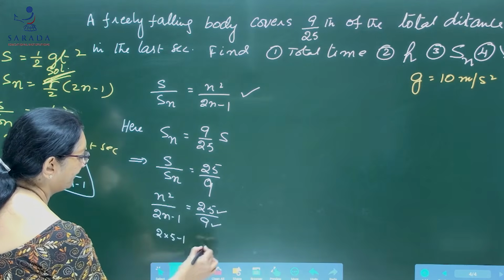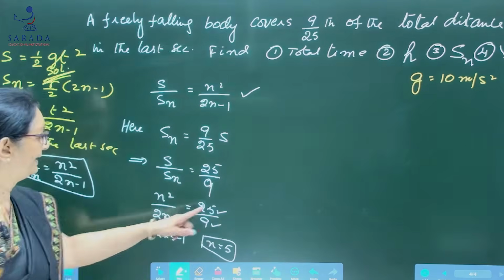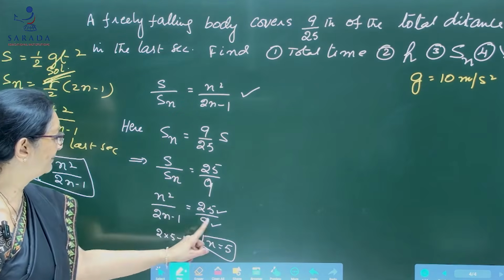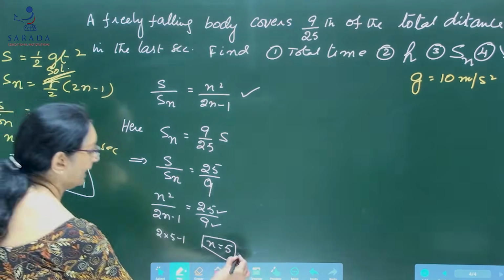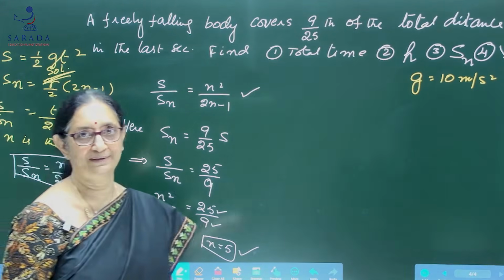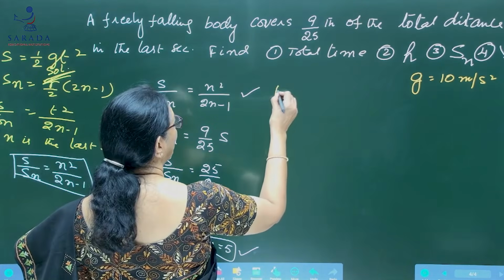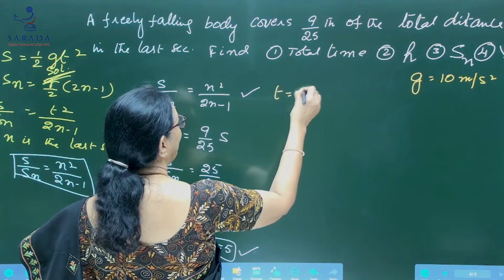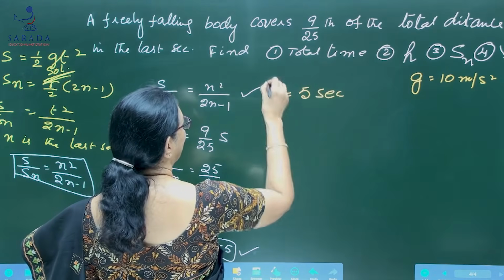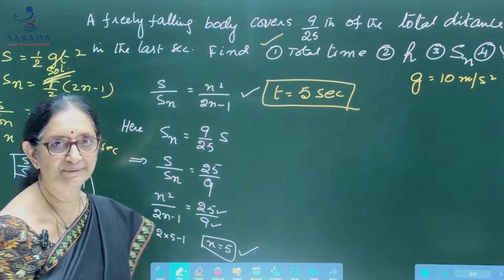So, if n is equal to 5, it is satisfying. n square is 25, 2n minus 1 is 9. So, n is equal to 5 is the right trial. So, last second is the nth second. Total time of free fall is nothing but 5 seconds. That's it. So, time of free fall is done.